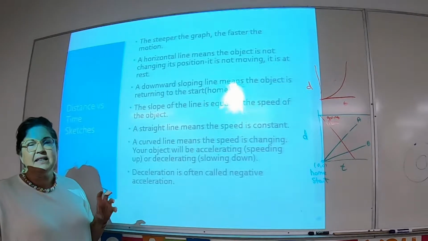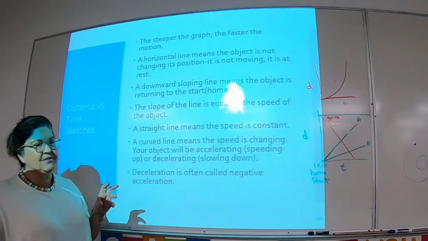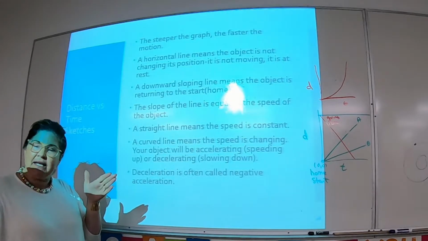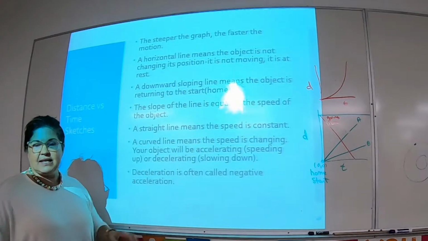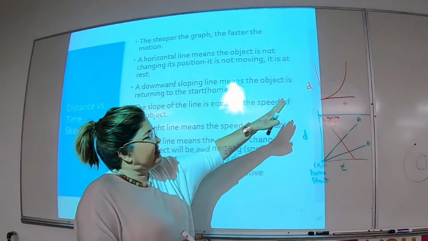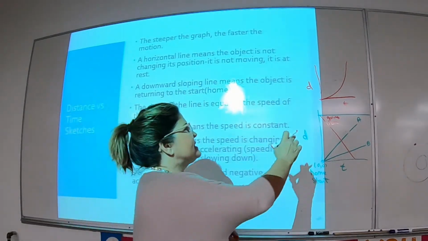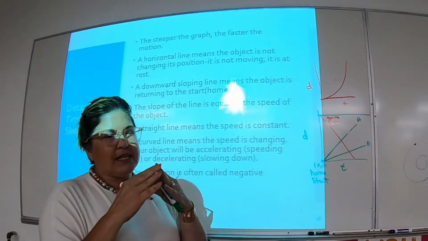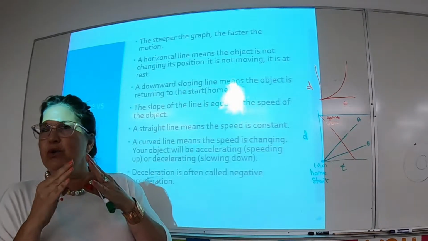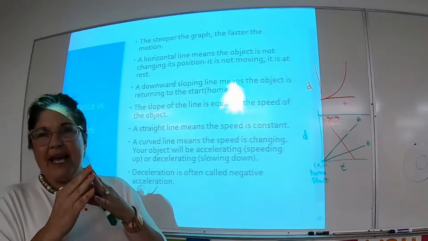Now, kind of a little trick when we're looking at these curved lines to figure whether it's accelerating or not. Okay? So if I have this line over on the side here, it's curved. What I want to do, and it's just a little sketch, we're going to draw tiny little tangent lines.